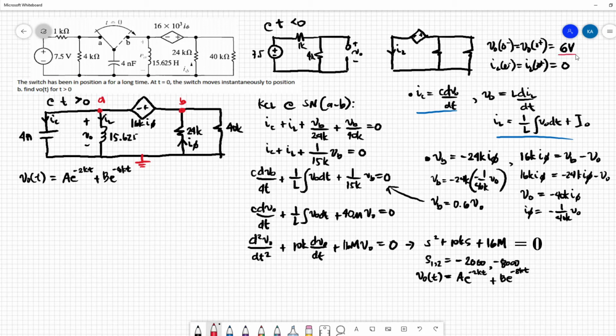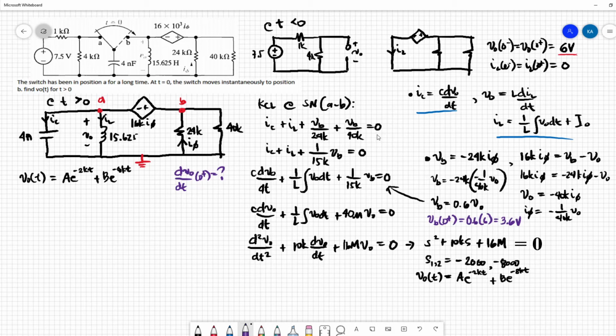We need to get dVo/dt at 0 plus. So our VB at 0 plus is equivalent to 0.6 times Vo of 0 plus, which is 6 volts. So this is equivalent to 3.6 volts.